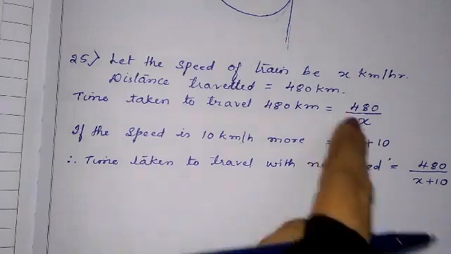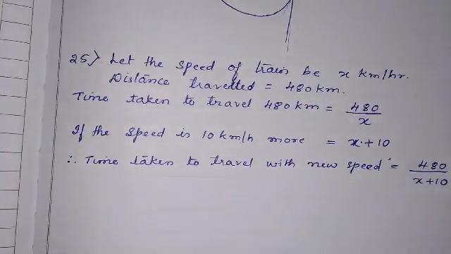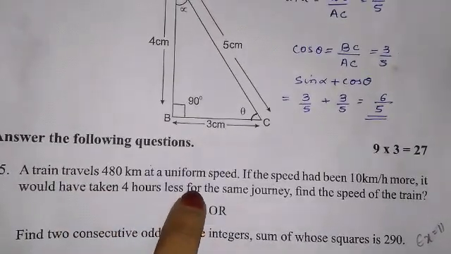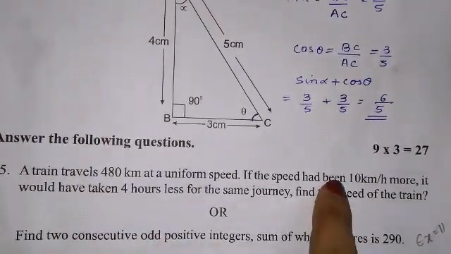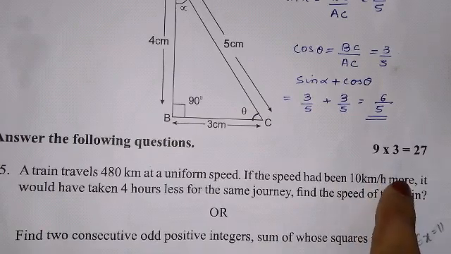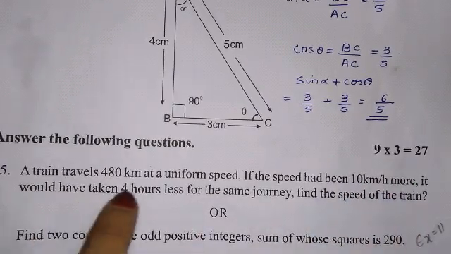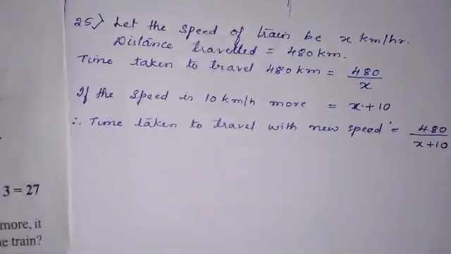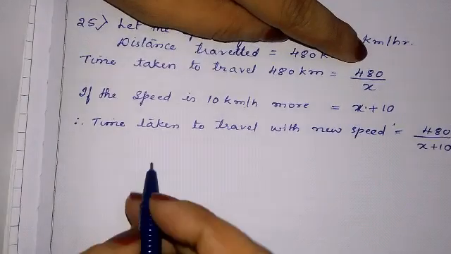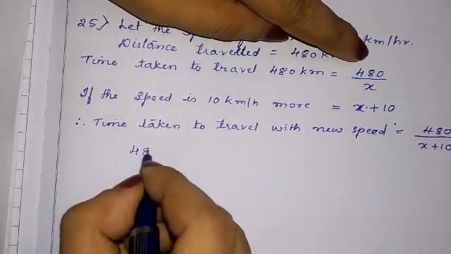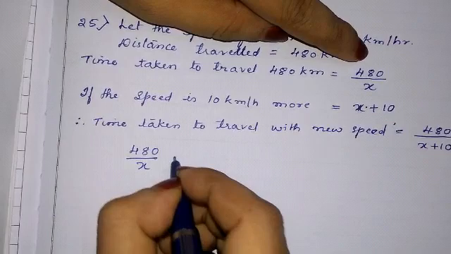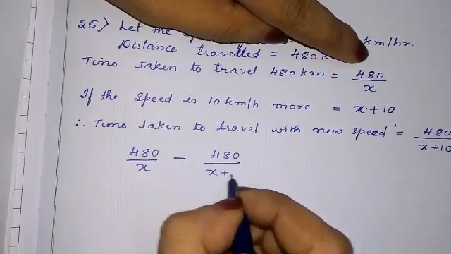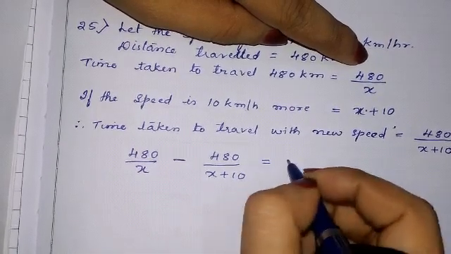Now the difference between these two journeys, they have told, is that it would have taken 4 hours less. If the speed becomes 10 km per hour more, then it would have taken 4 hours less for the same journey. So the difference between the two journeys is 4. That is 480 by x minus 480 by x plus 10 is equal to 4.